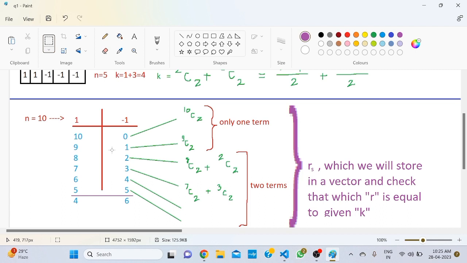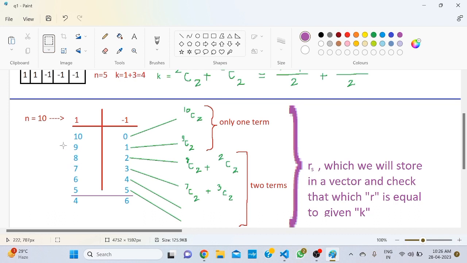So how many pairs can be made? For 10 ones, the pairs are 10C2. For 9 ones and 1 minus 1, the pairs are 9C2. But for 8 ones and 2 minus 1s, the pairs are 8C2, means the number of selecting 2 ones out of 8 ones, plus 2C2, means the number of selecting 2 minus 1s out of 2 minus 1s. So it is simple.